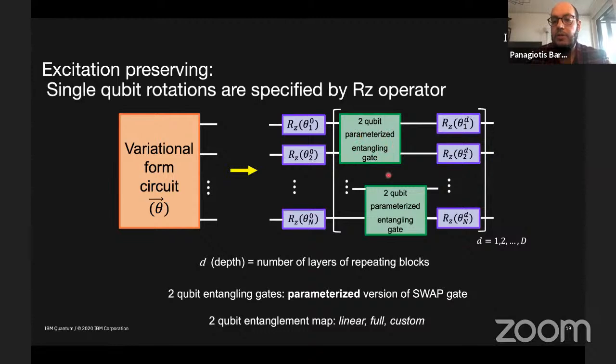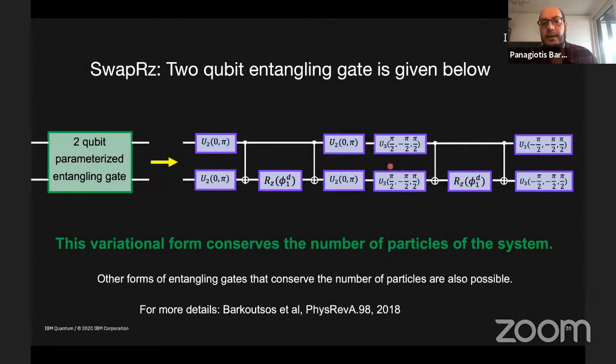Again, here you can introduce layers of RZ rotations with different variational parameters. It's important also here that whenever you have the 2-qubit parameterized gate, you are using the natural connectivity of your hardware and you connect the qubits one with the other. In general, a 2-qubit parameterized entangling gate can be decomposed into CNOTs and rotations in the form that I show you here.